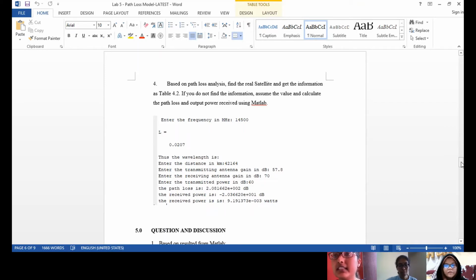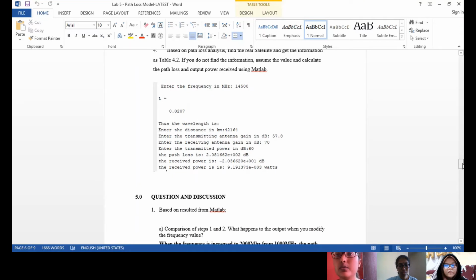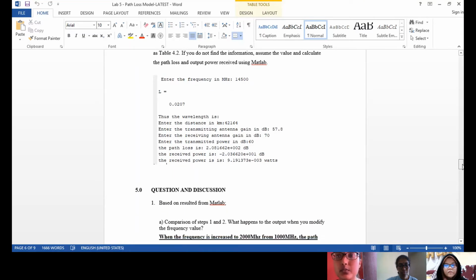Transmitting antenna gain is 57.8 dB. Receiving antenna gain is 70 dB and transmitted power is 60 dB. And we got the path loss, receive power and receive power in watts.